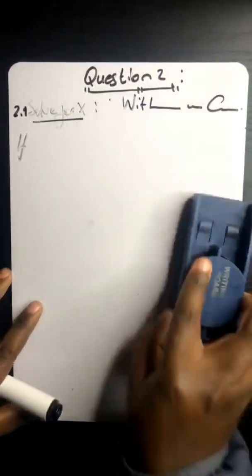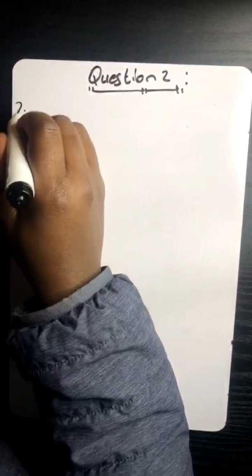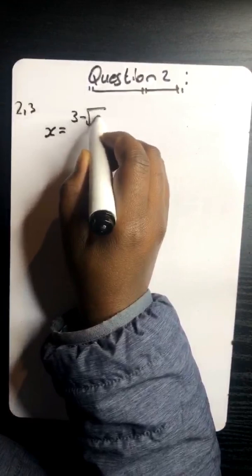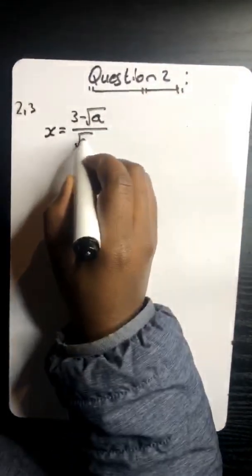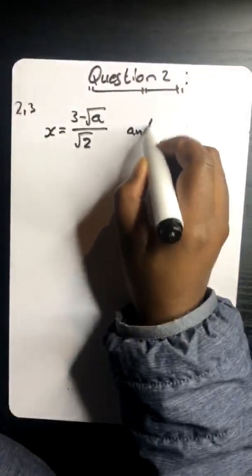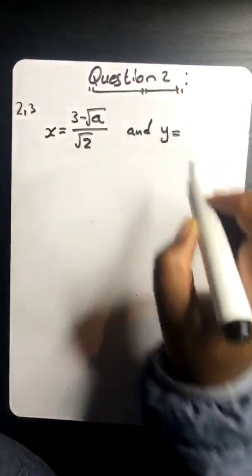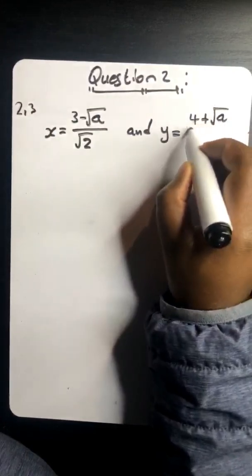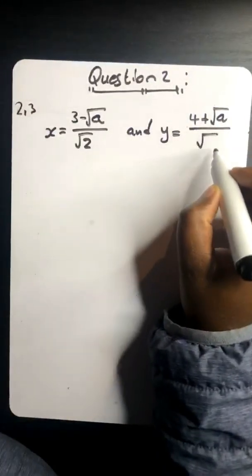But they are saying if x is equal to this, and y is equal to that, being that, y must be equal to 4, then add the square root of a and divide by the square root of 2.